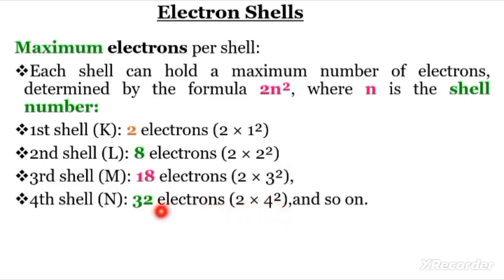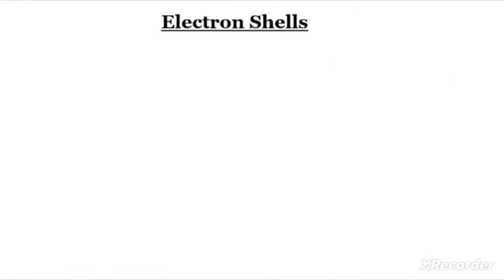So the fourth shell will accommodate 32 electrons. So this is how we can know the maximum number of electrons per shell or energy level.